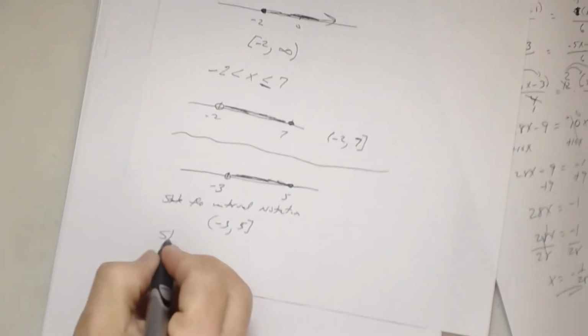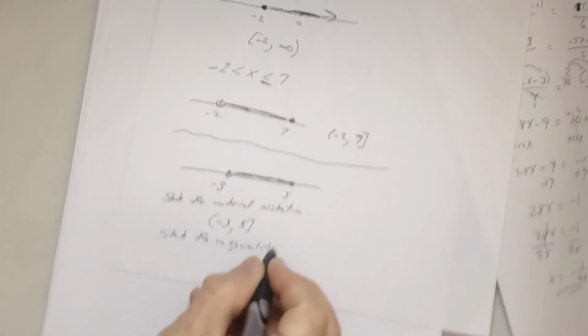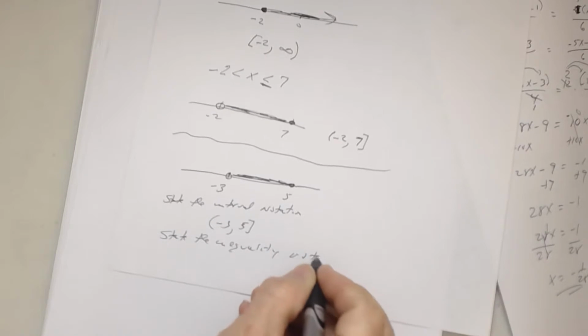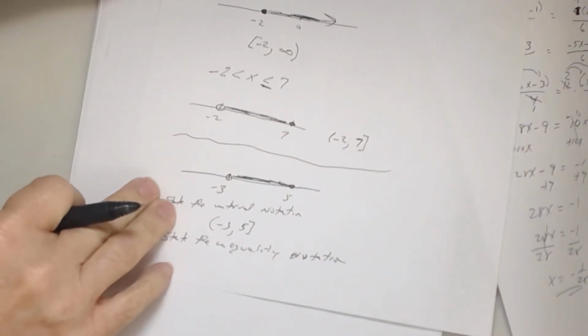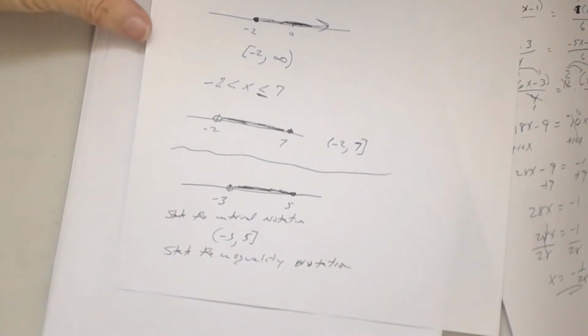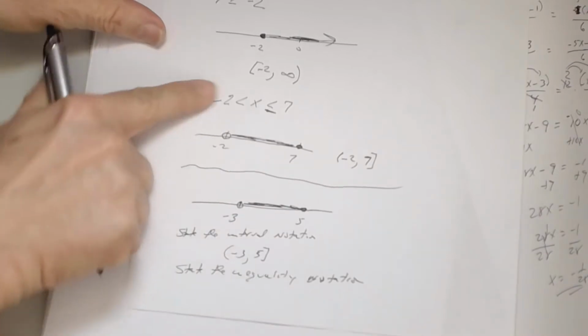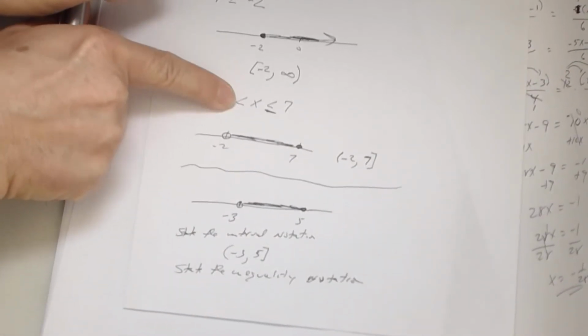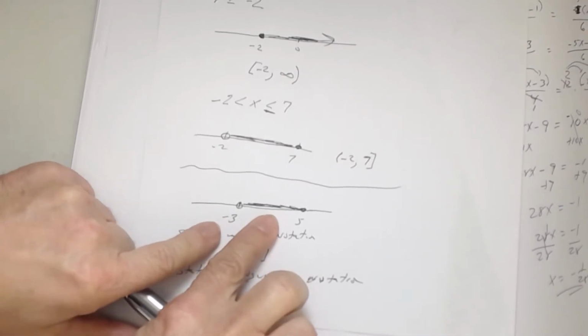Whenever there's no infinity, whenever it's bounded between two numbers, state the inequality notation. The inequality notation is where you have the inequality symbol in it. See, there's no infinity or negative infinity, so it's going to look like this. This says that all my x's are between what two numbers? -3 and 5.